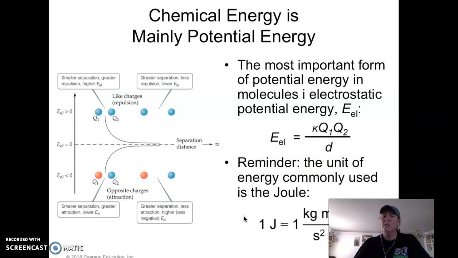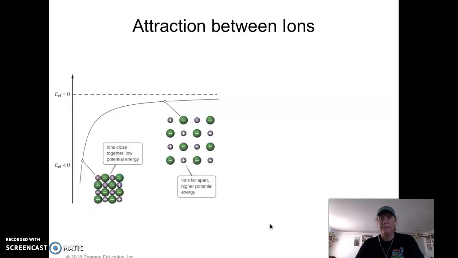Joules is the unit of energy, and I'll show you how to calculate that. It's actually kilograms meters squared over second squared, but we just need to know this, joules. So the unit of thermal energy is going to be a joule, and that's heat lost or gained, basically.